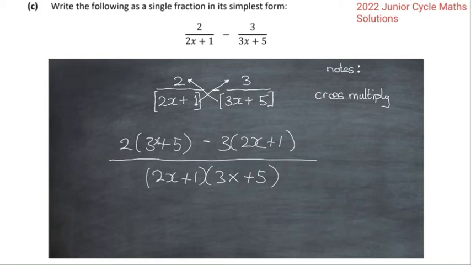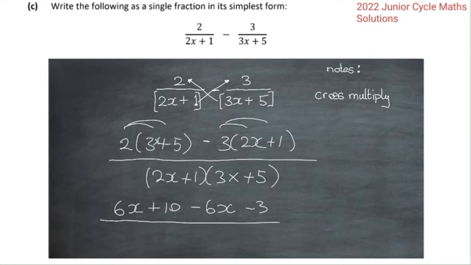So let's multiply out the two parts here, and we're going to get 6x plus 10, and over here we are going to multiply these two, get negative 6x minus 3. So take your time, be careful with the signs, and down below then we have the two brackets from the original multiplication.